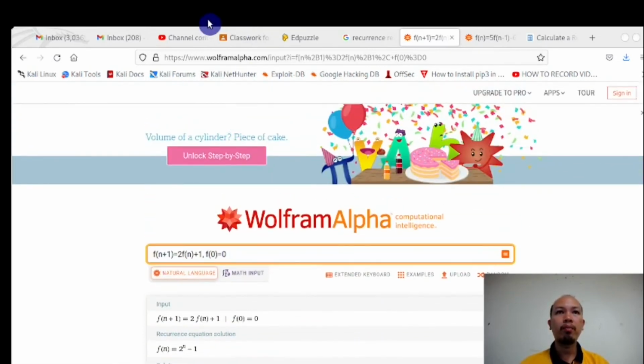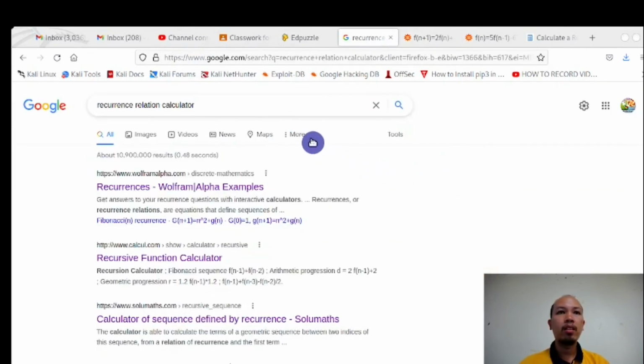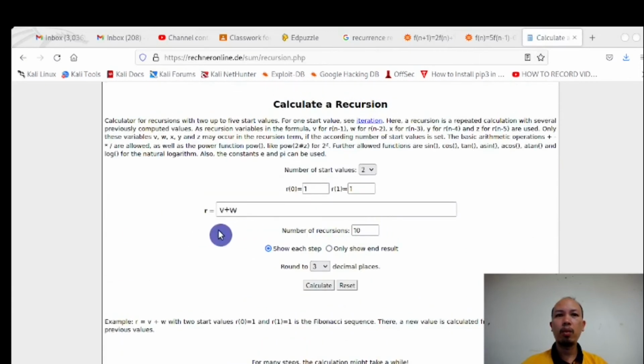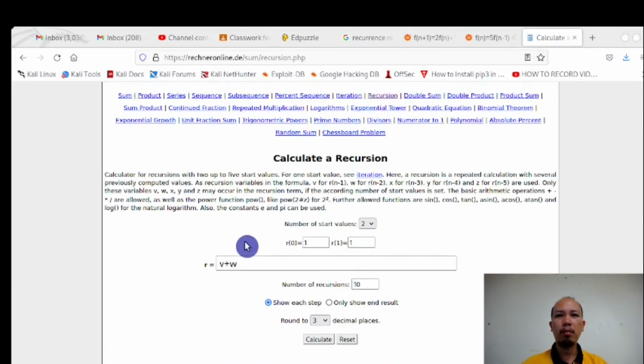You can type in the Google browser recurrence relation calculator, and the first one that will come up here is the Wolfram Alpha. So you can use this one as a correct calculator. This one, I think, will work only for positive, if all the linear combination of those n minus k variables is positive, if you use plus sign.